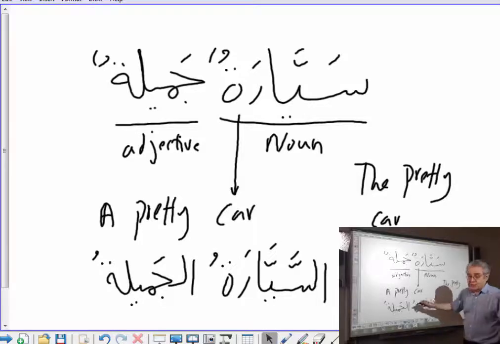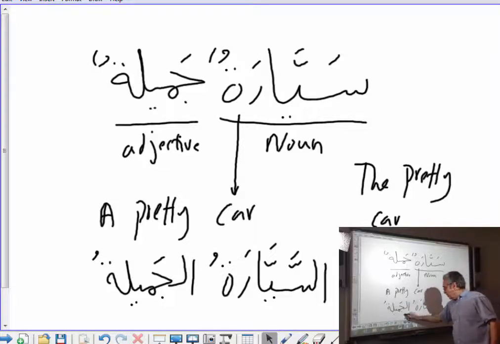But in Arabic we have to say السيارة الجميلة. The reason is that we start with the noun. If you start with the noun, you need to make the adjective definite with al, because otherwise, if I say السيارة جميلة, it will be a sentence: the car is pretty.